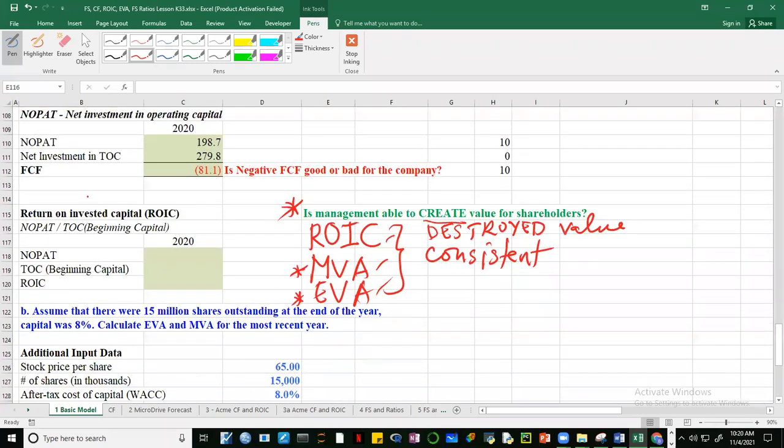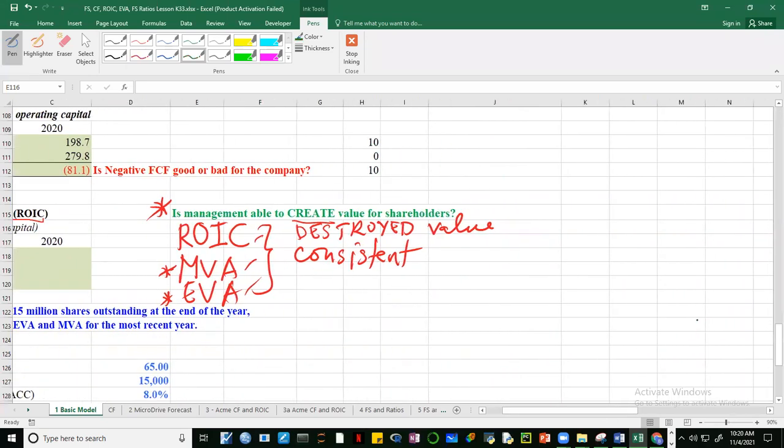Okay, so let's go first to ROIC. In order to understand ROIC, we need to understand the story behind it. So may kwento ito. Ano yung kwento na ito? On January 1, 2020, management was given operating capital.